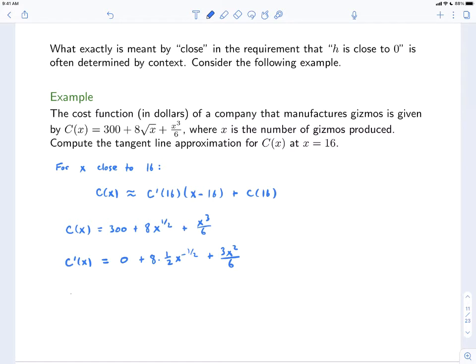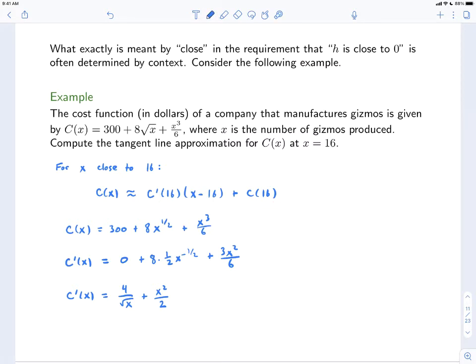So if we simplify this, c prime of x is equal to 0 plus 8 over 2 is 4, divided by the square root of x, plus x squared over 2. This is c prime of x. We need to compute c prime of 16 and c of 16.